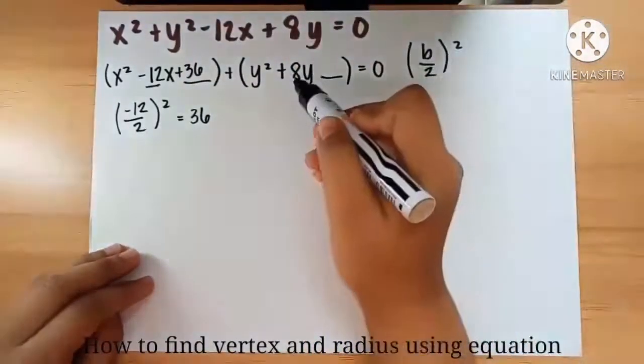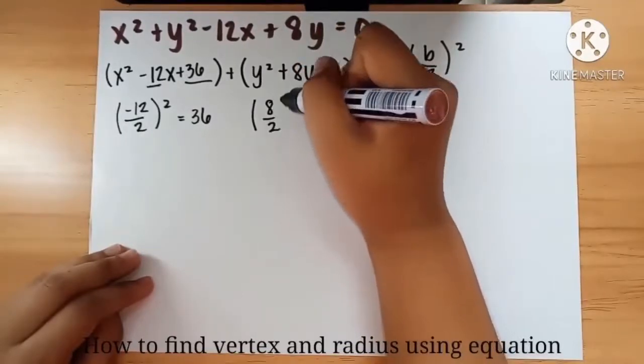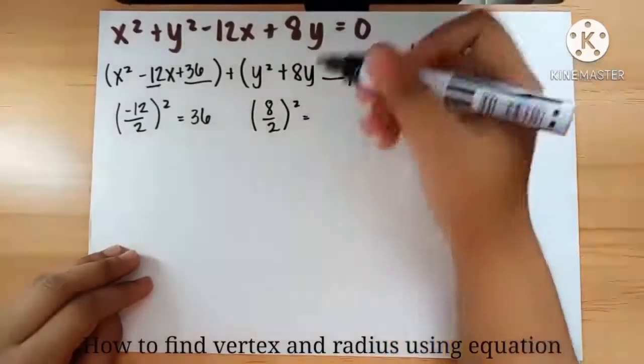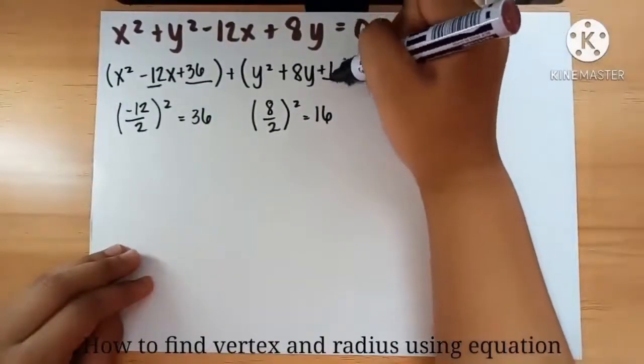Next is the 8y. We have 8 over 2 squared equals, that's 16, plus 16.